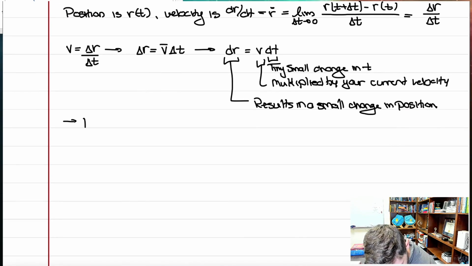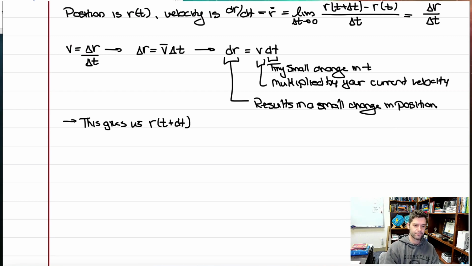This ultimately gives us, if I wanted to write down a mathematical expression, not r at t, but r at t plus dt. I've taken my position and updated it to get a new position.